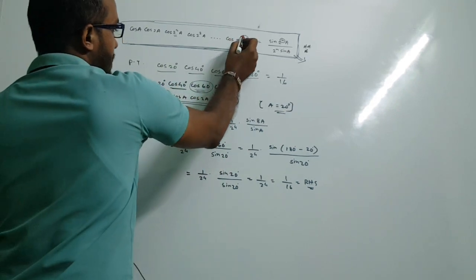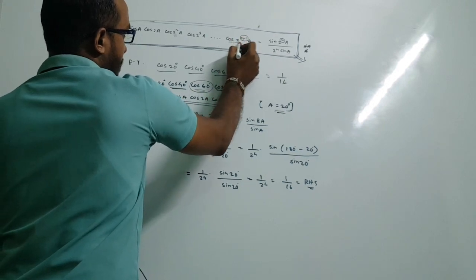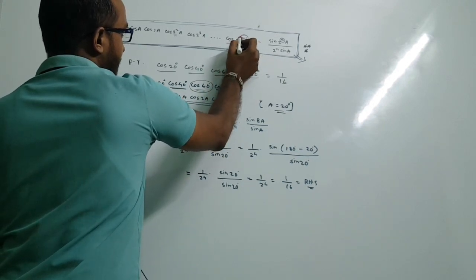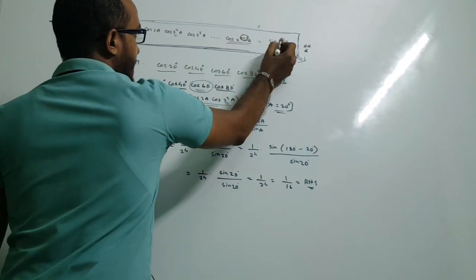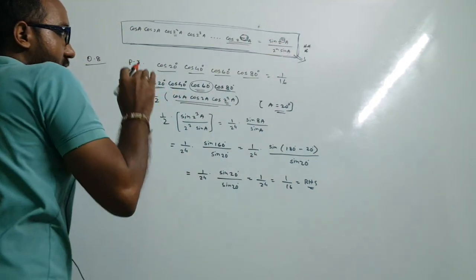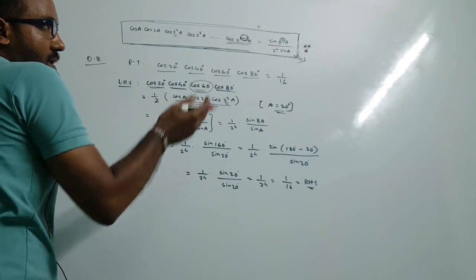Now compare this formula with this thing. One thing you have to notice is that the cos series is ending with n minus 1. When we have n minus 1, then in the formula we have n. That means that thing is increased by 1.